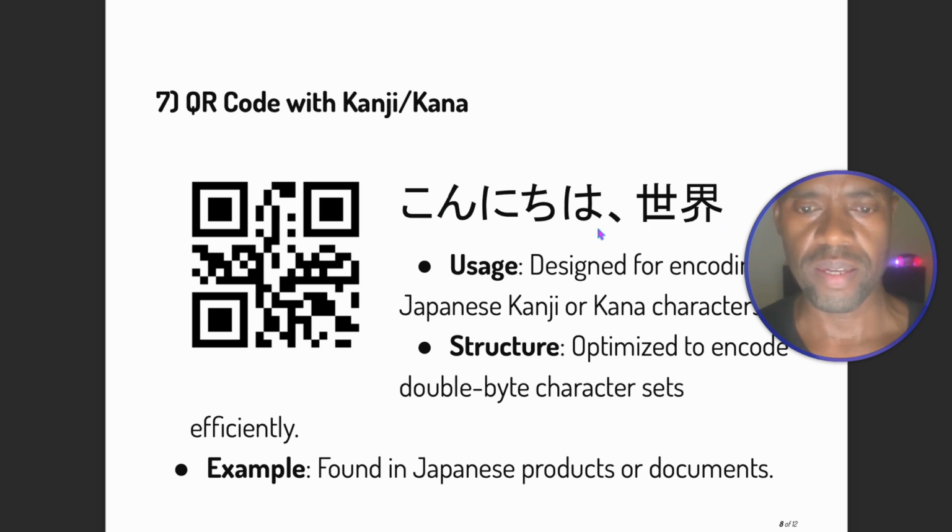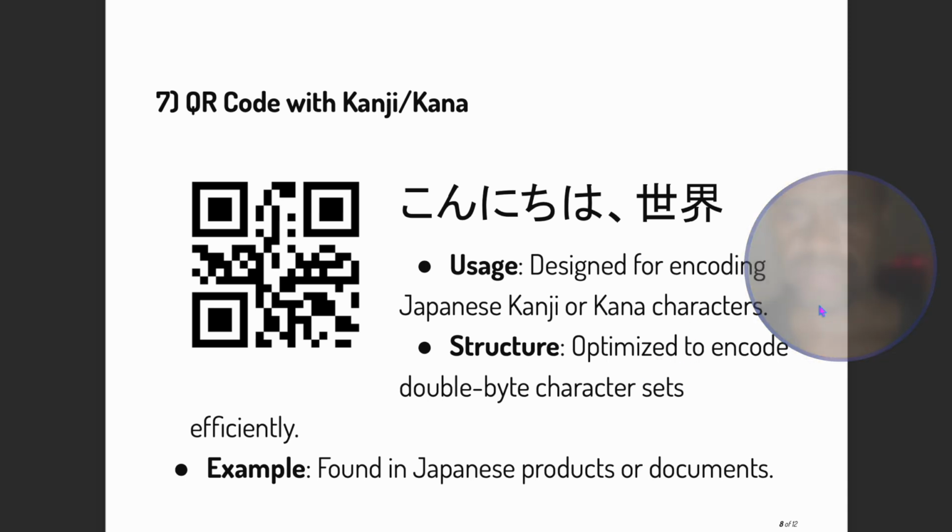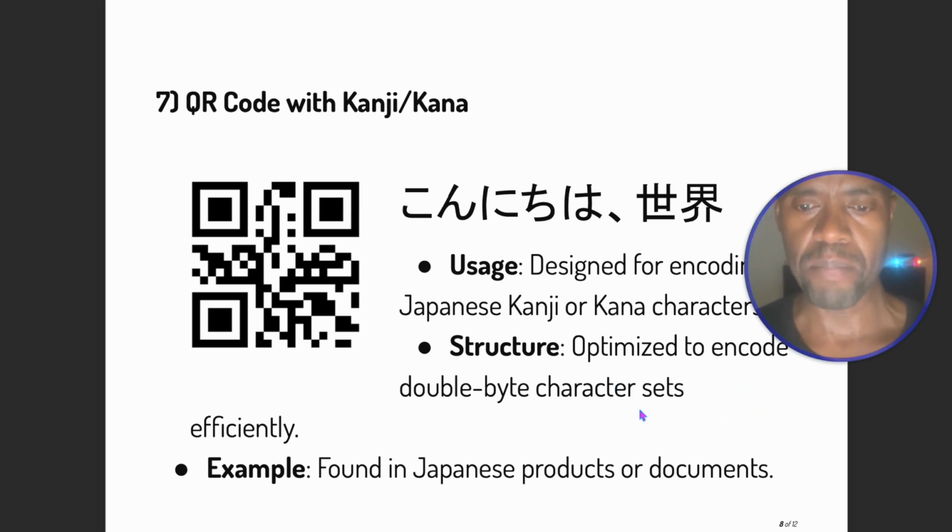If you want to encode this, we'll use this type of encoding. So this is designed for encoding Japanese kanji or kana characters. It's optimized to encode double-byte character sets efficiently. It will be found in Japanese products or documents.